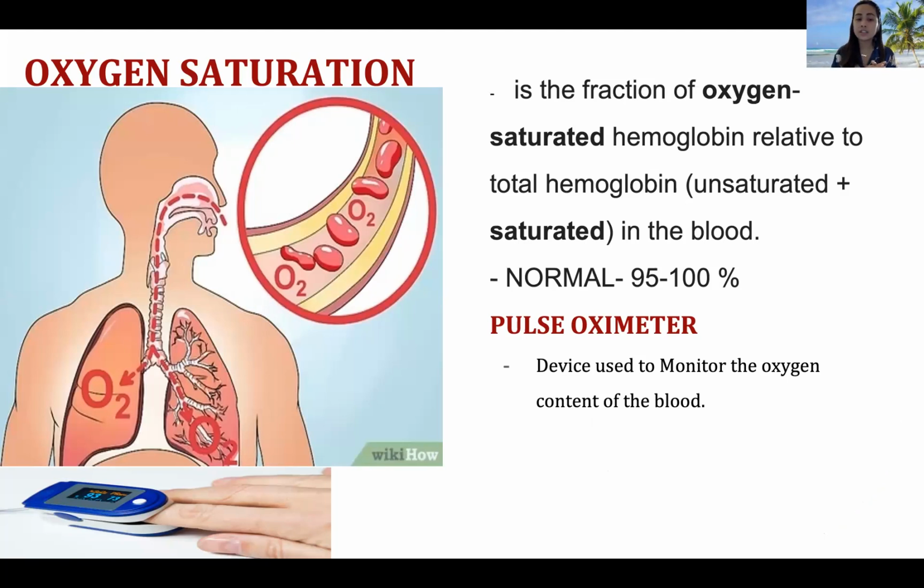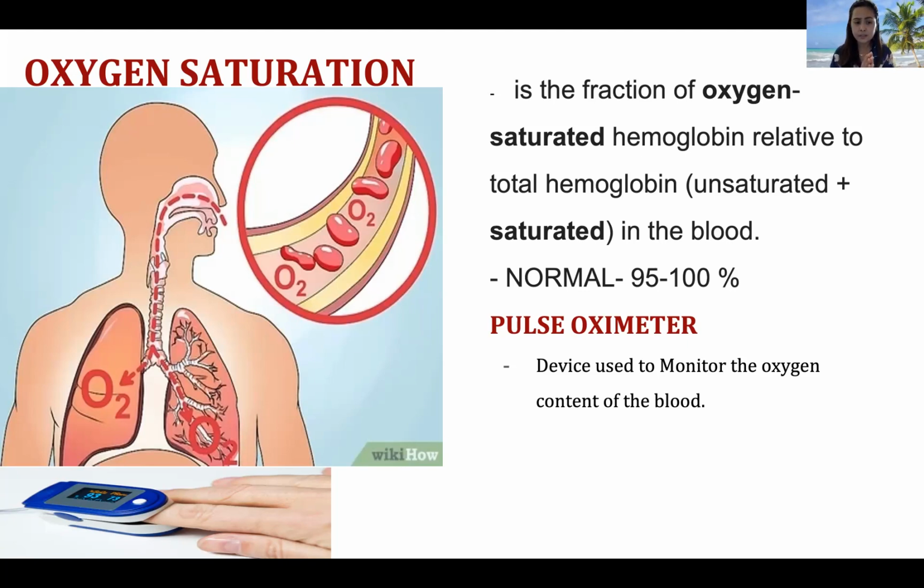The normal oxygen saturation is 95 to 100%. Okay, 95 to 100%. The unit is percent. The device used to check for oxygen saturation is the pulse oximeter.